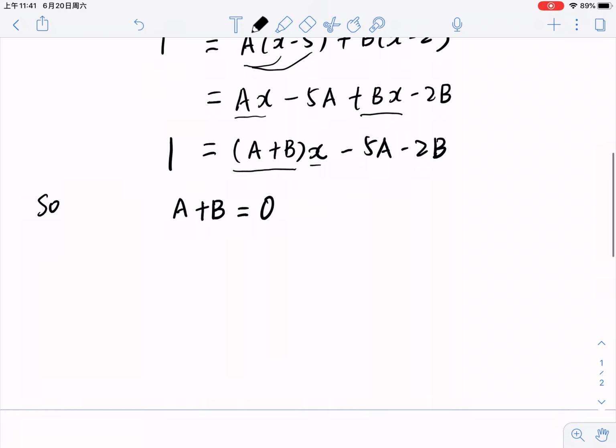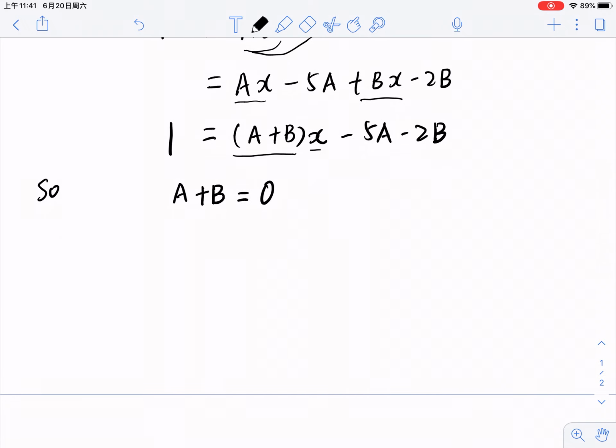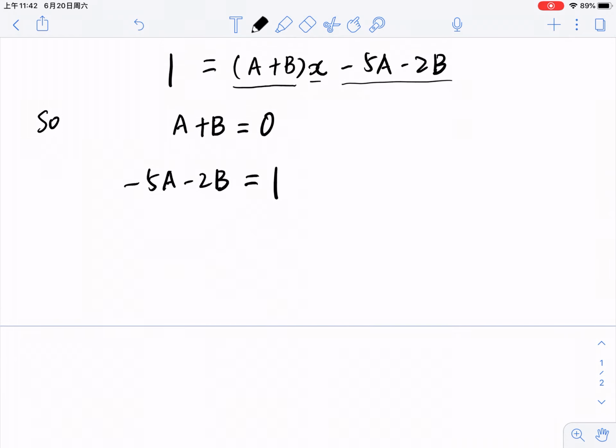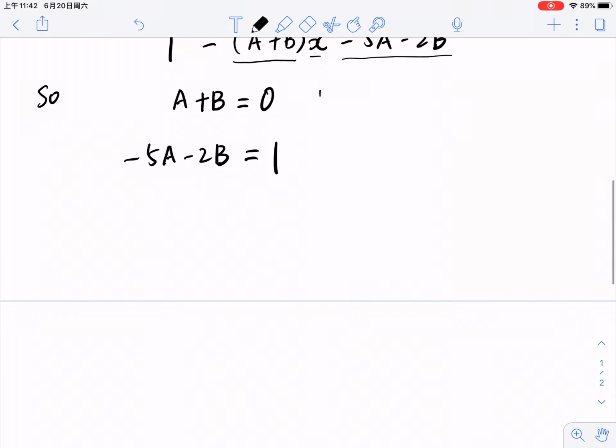There is no x term. Then we look at the constant term. So the right-hand side, the constant term is minus 5A minus 2B. On the left-hand side, the constant is 1. So we have these two equations. Now we label this as 1, this as 2.